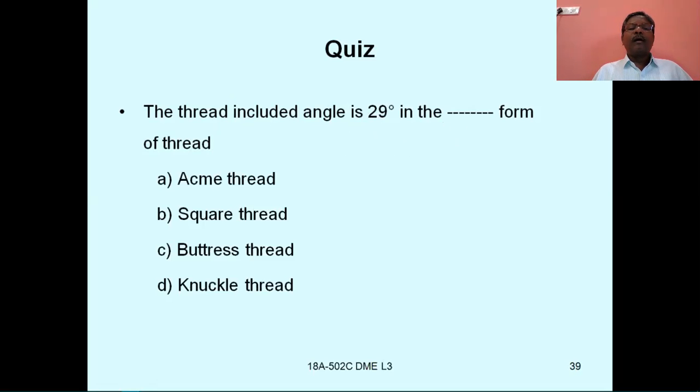So which is the right answer? Knuckle thread has no angle. Buttress thread is 45 degrees, one direction power transmission. Square thread has no angle, 90 degrees included angle. The final leftover is the Acme thread, which has 29 degrees, the stronger thread. Right? Acme thread is the right answer.